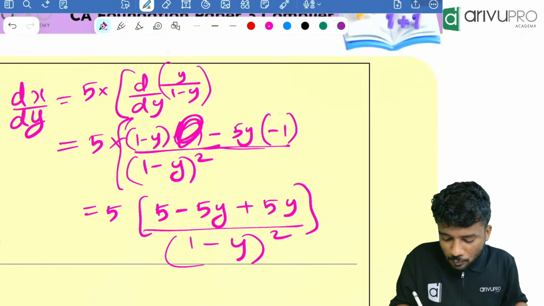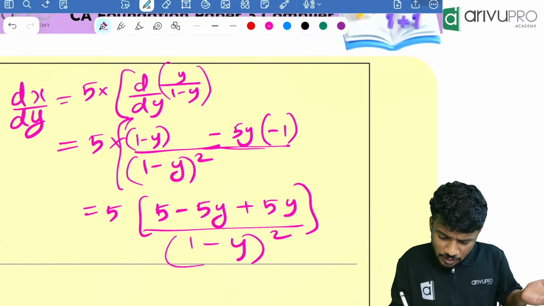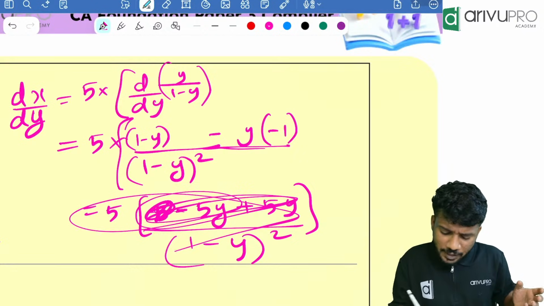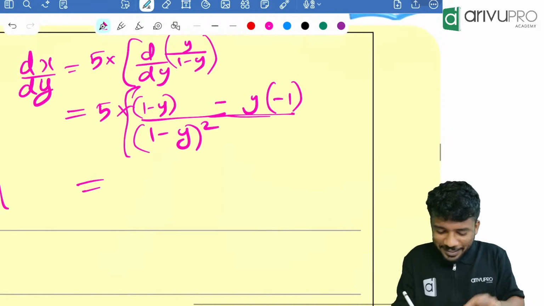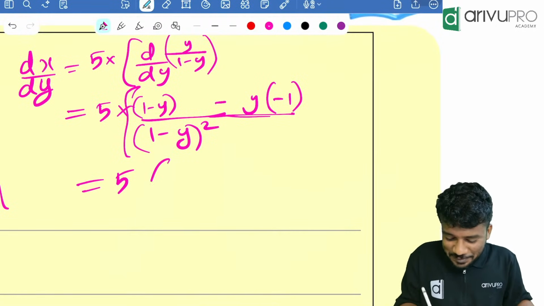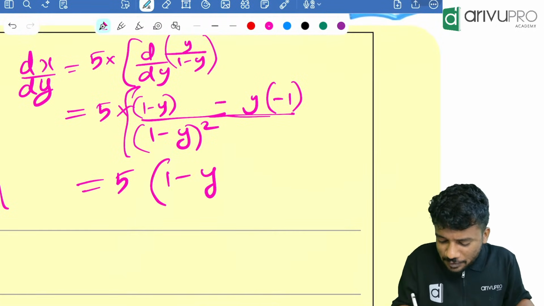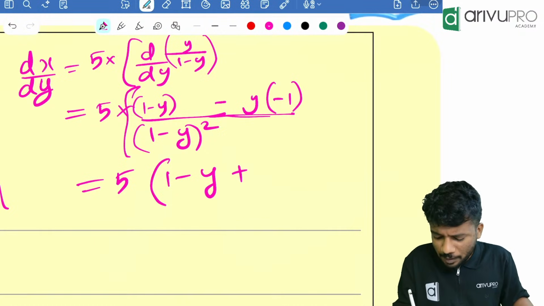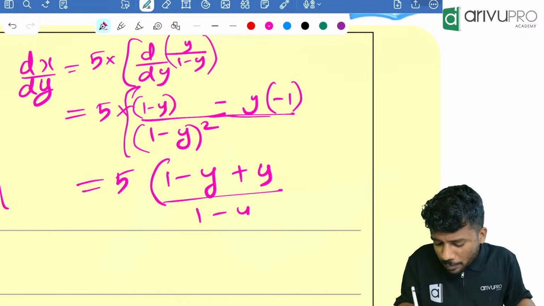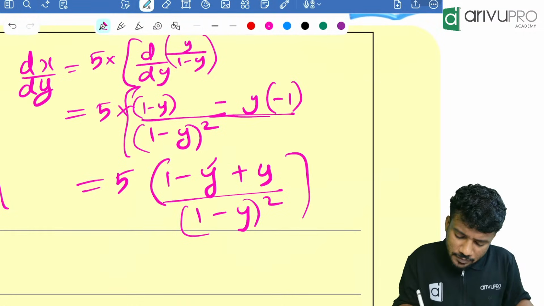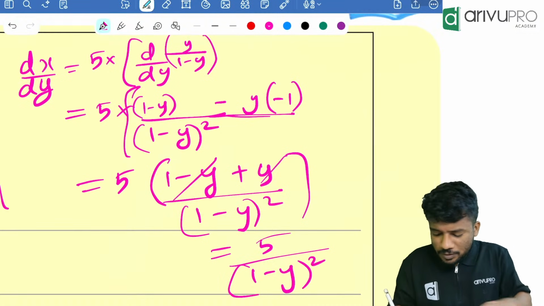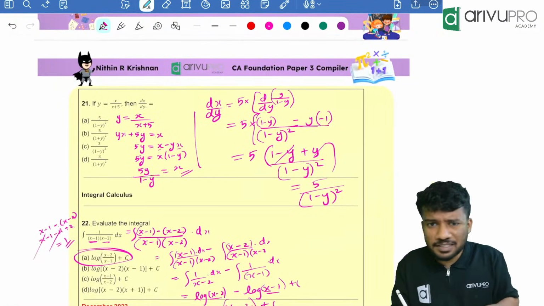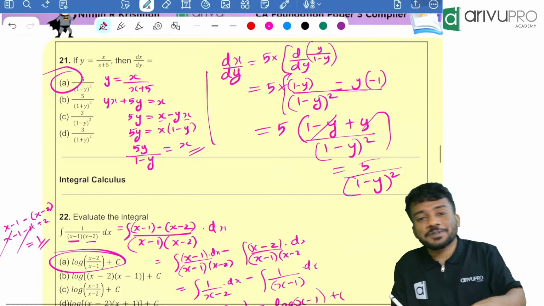So y into (1 minus y), minus y, I'll rewrite it. 5 into (1 minus y), so minus y, minus into minus will become plus, so y divided by (1 minus y) the whole square. This gets cancelled. What is remaining? 5 divided by (1 minus y) the whole square. Looking at that you will get the answer. Option A is the answer.